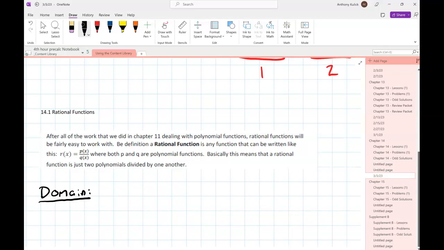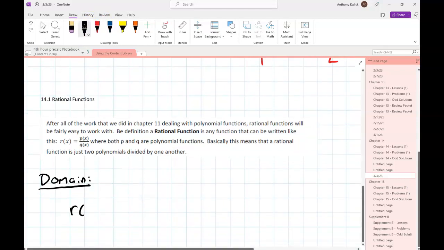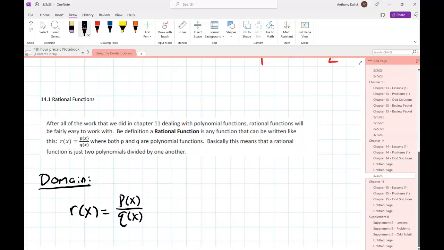So domain, let's talk about the domain for a rational function. Now, a polynomial function just includes the operations of addition, subtraction, multiplication, right?